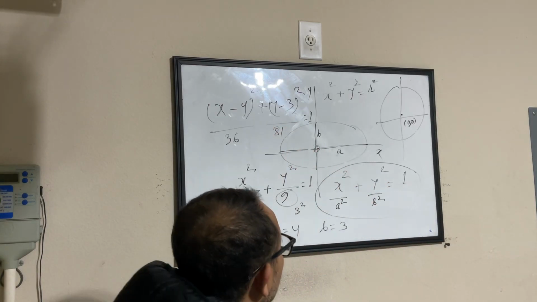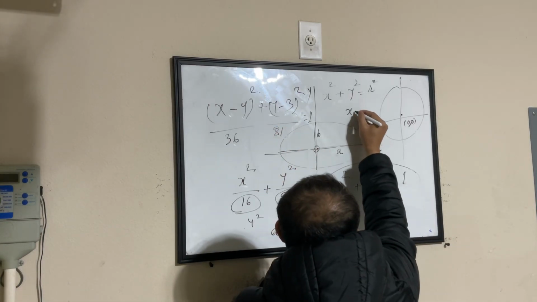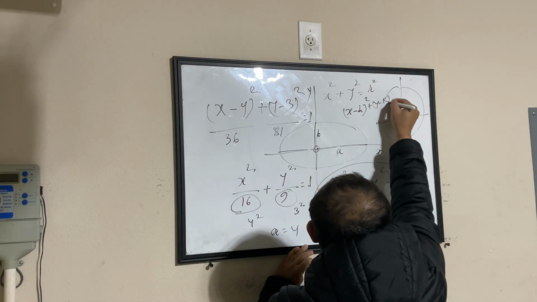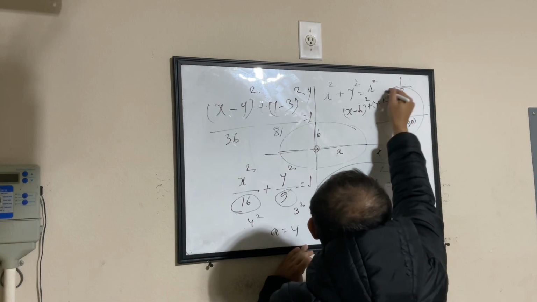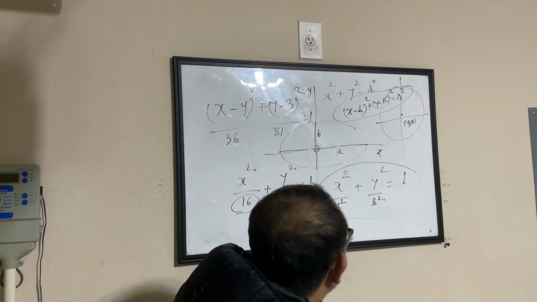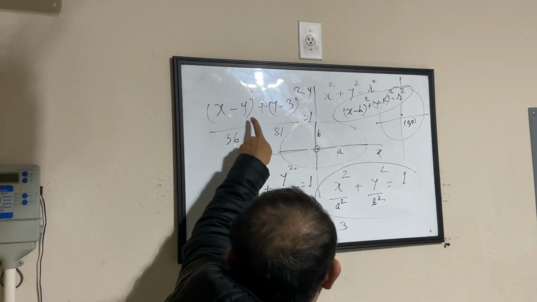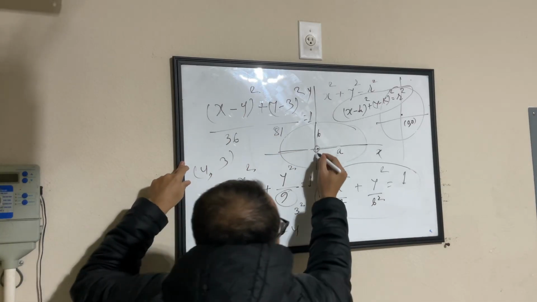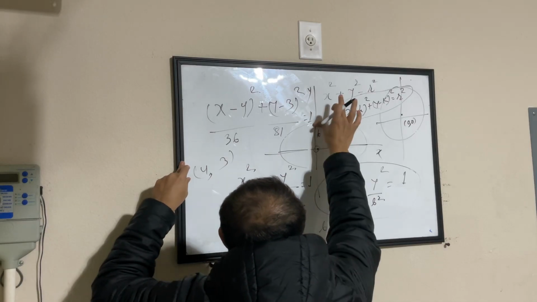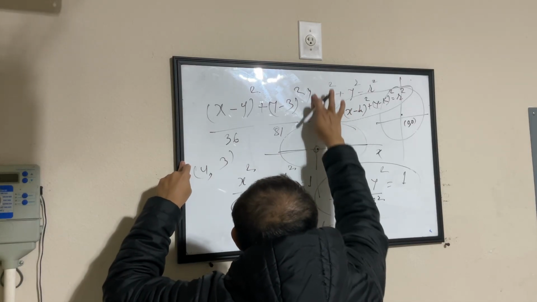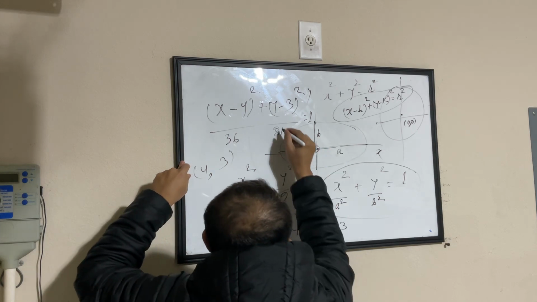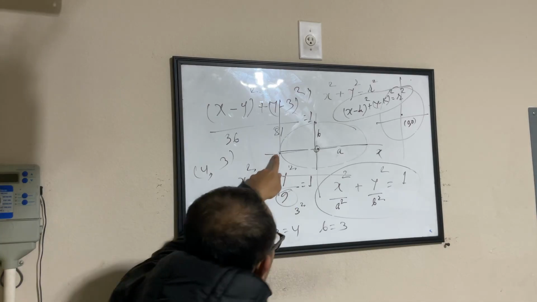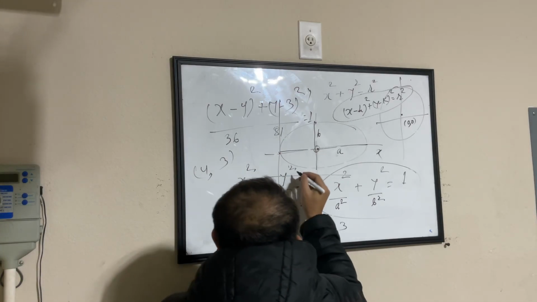What you will do is relate that with the standard form x minus h squared plus y minus k squared equal to r squared, the standard form of the circle equation. Here, 4, 3 becomes the center of this ellipse. So basically it's like this, and your coordinate plane is somewhere here. I mean, not exactly here, obviously, 4, 3, so maybe here.